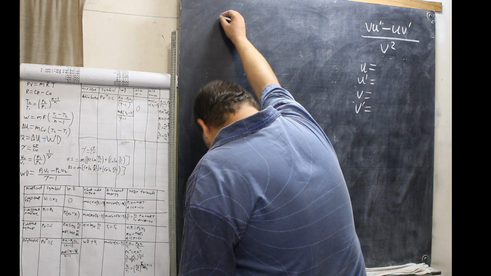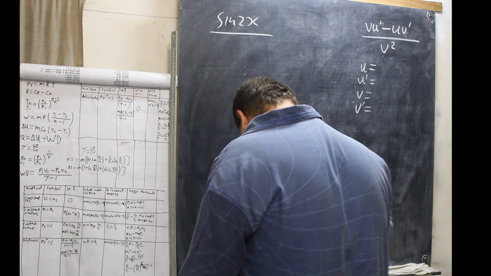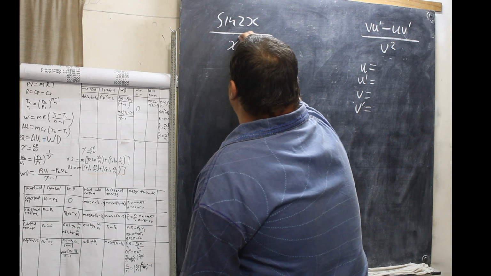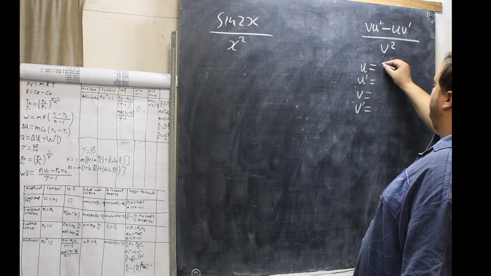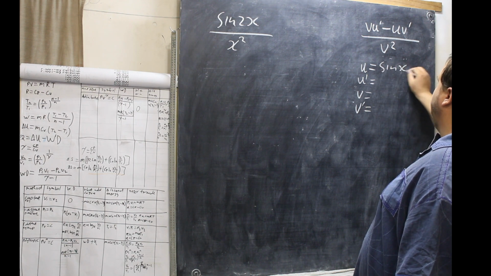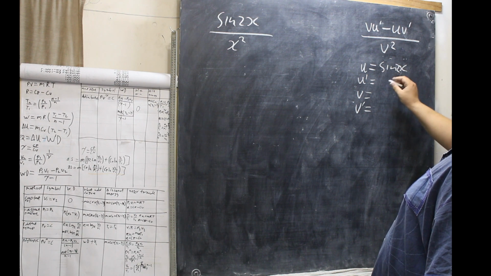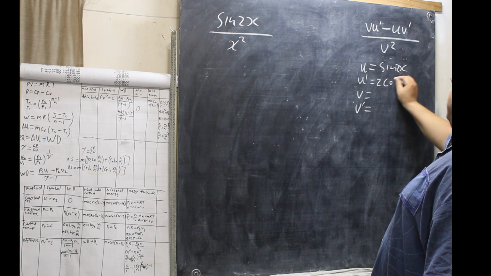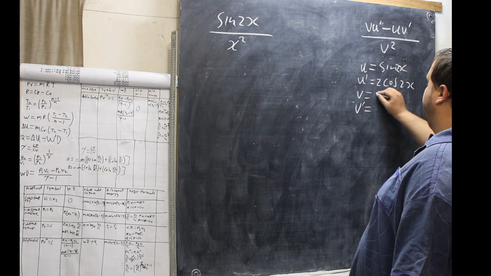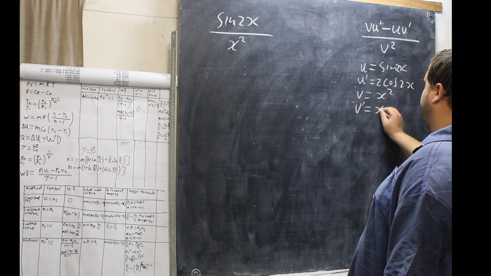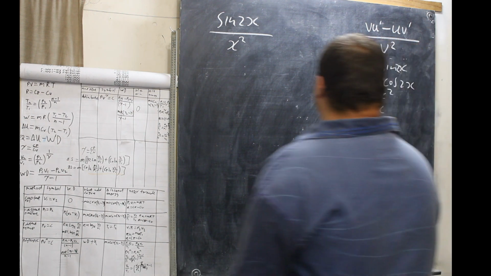So we have sine 2x divided by x squared. So we have u is sine 2x. What you do is you just say 2 cos 2x. Now v is x squared, and that is 2x. Alright, let's put it all together.